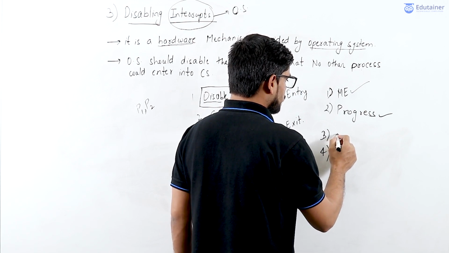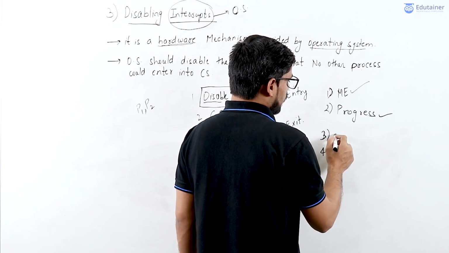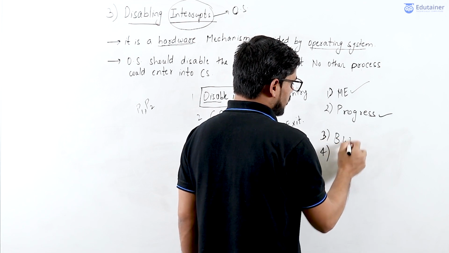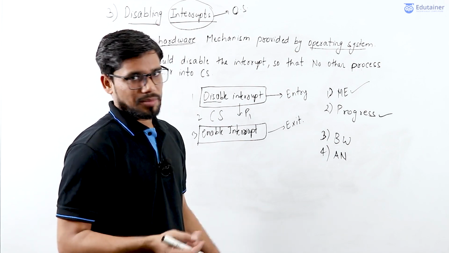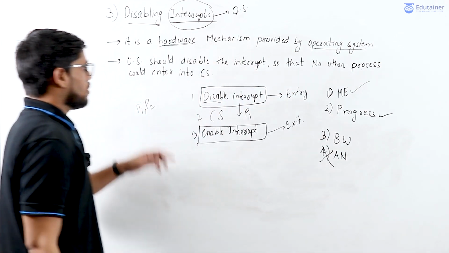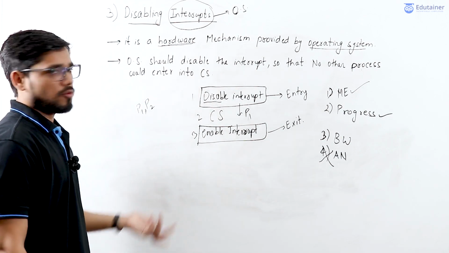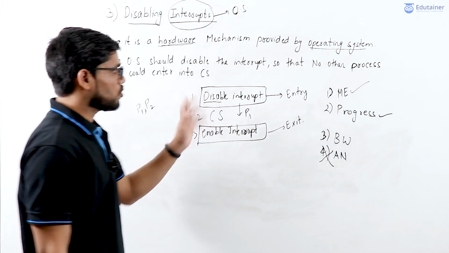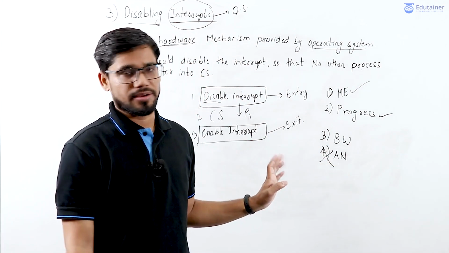Next are the secondary requirements: one is bounded waiting and the other is architectural neutrality. Here architectural neutrality or portability is not provided because some operating systems provide this interrupt to the user and some operating systems do not. So definitely architectural neutrality or portability is not guaranteed here.